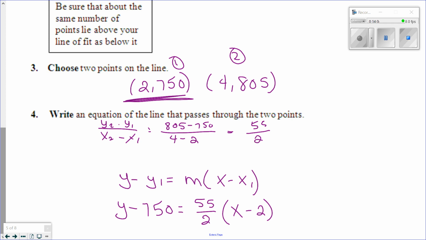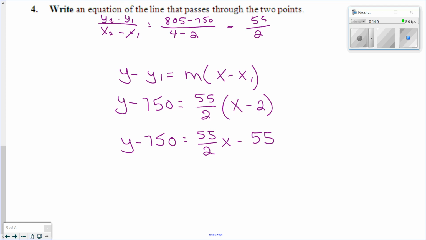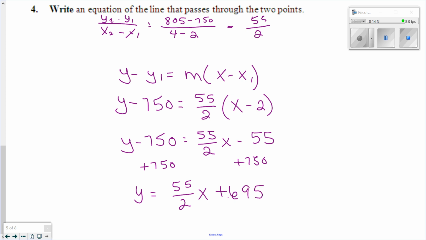Then I'm going to solve for y approximately equals. So my next step, I have y minus 750, and then I distribute out the 55 halves to the group x minus 2, and I get 55 halves x minus 55. Then I can isolate y by adding 750 to both sides, and I get y equals 55 halves x plus 695.